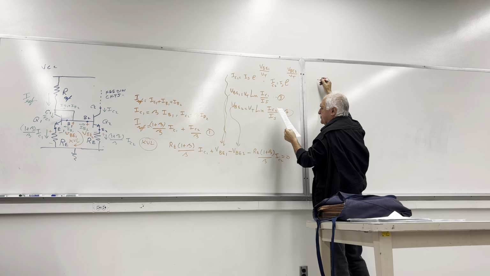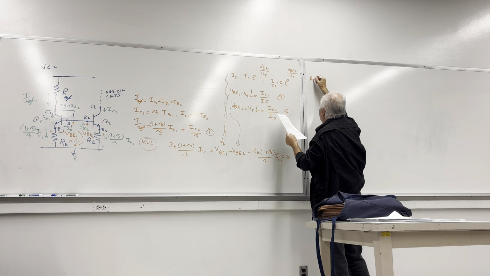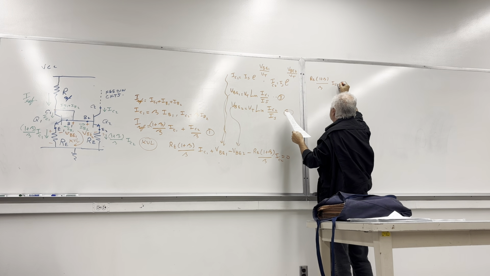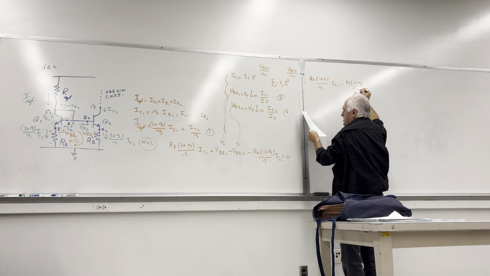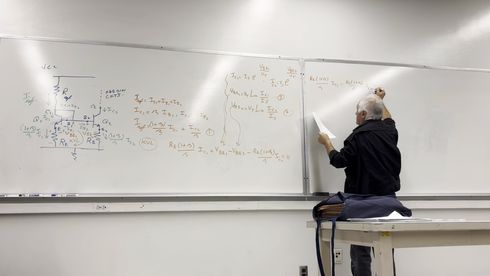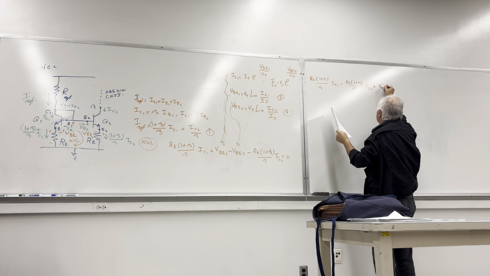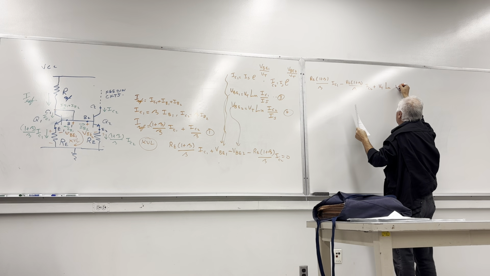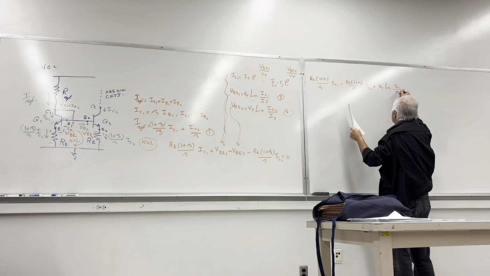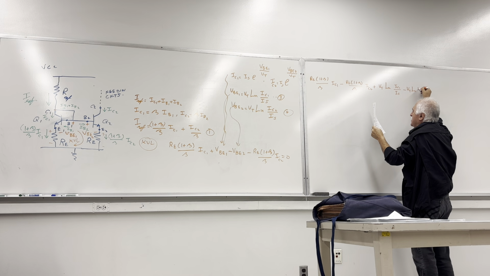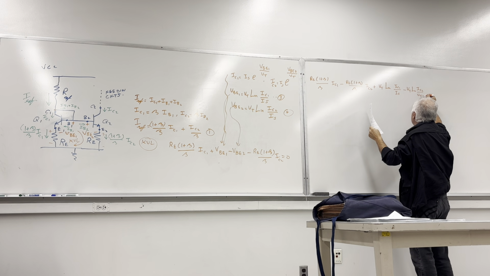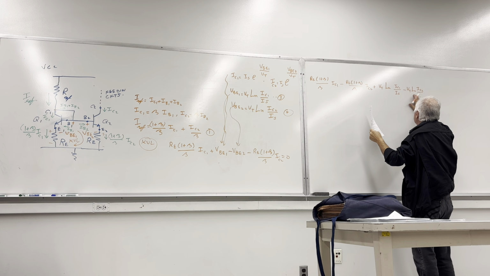It's a big equation. RE times 1 plus beta over beta IC1 minus RE times 1 plus beta over beta IC2 plus VT ln of IC1 over IS minus VT ln of IC2 over IS equal to 0.